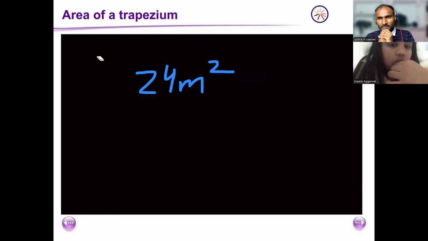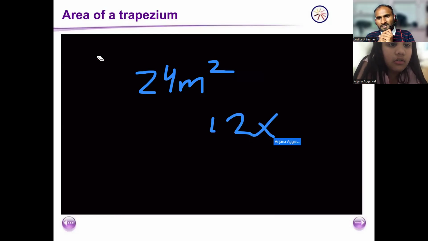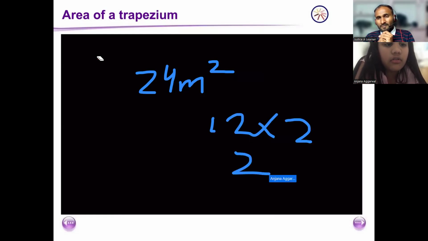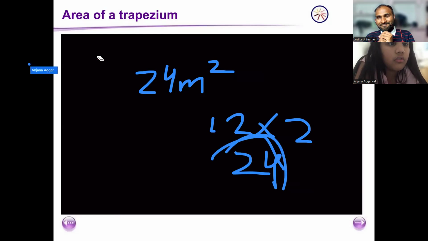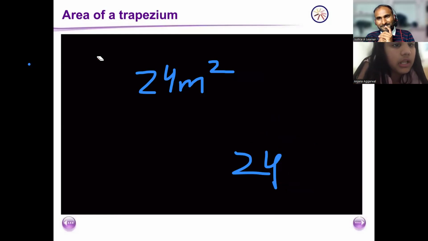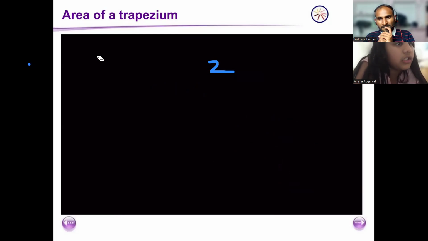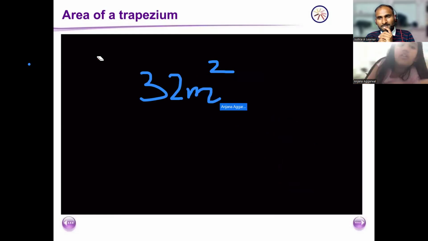How did you find 24? 8 plus 4 is 12, and then you have to times it by 2, which gets you 24. Why did you add them? Because in area you have to times it, and that means the answer should have been 32. I was doing perimeter.